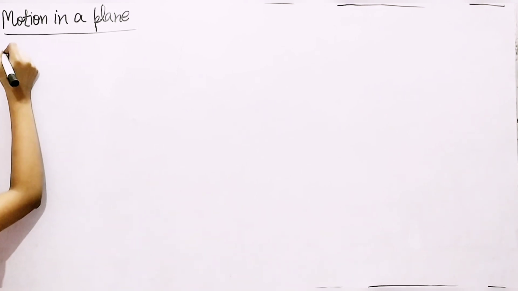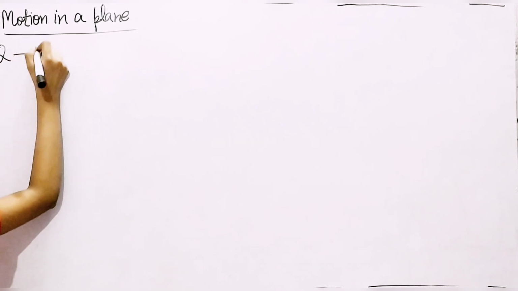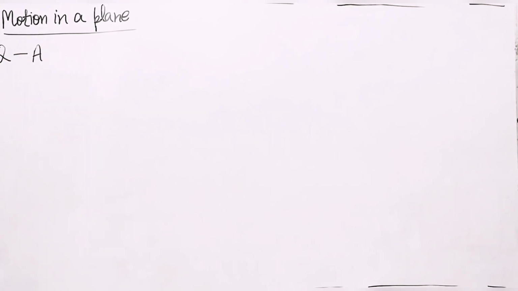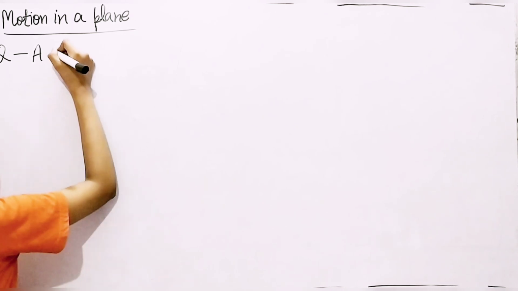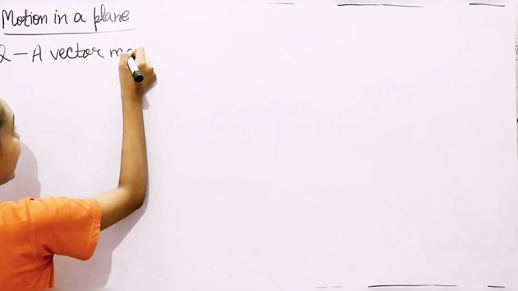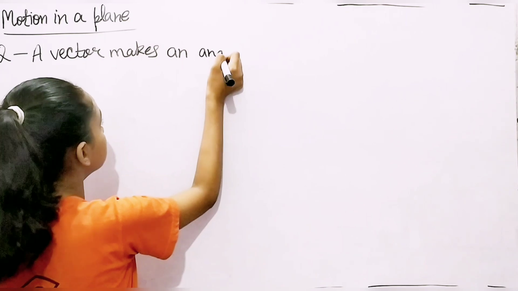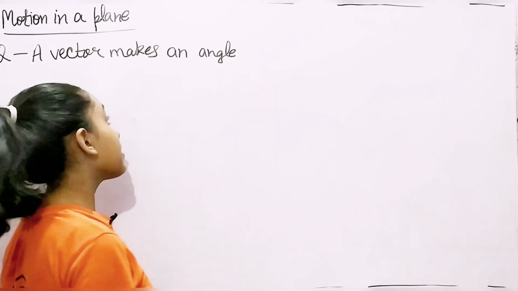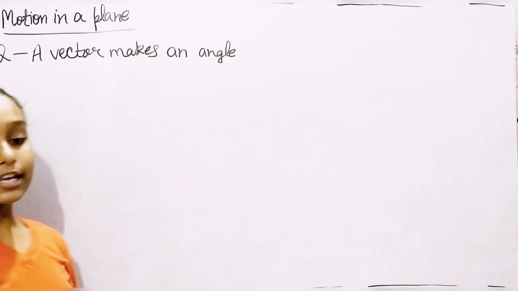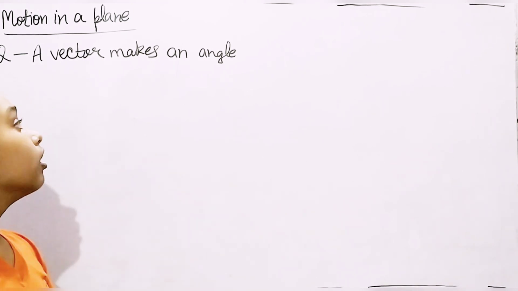Okay, so question, we're only going to take one question. I'm going to take a really easy question, that is, a vector P. So a vector P makes an angle... Okay, I've written the question in the notebook, so I'm going to write it from there.